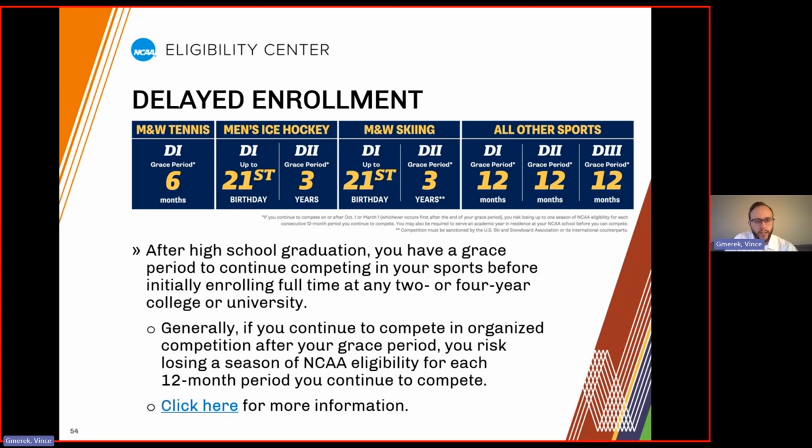The general rule here is that for most sports and most divisions, students are allowed 1 year after their expected date of high school graduation to continue competing in their sport without penalty. However, as you can see on the chart above, that specific rule is different depending on the sport that you play and the division that you ultimately wish to attend. So if you have more questions about the delayed enrollment rule or those potential penalties, please click on the link on this slide, and that'll take you to a full resource that explains that rule in detail.